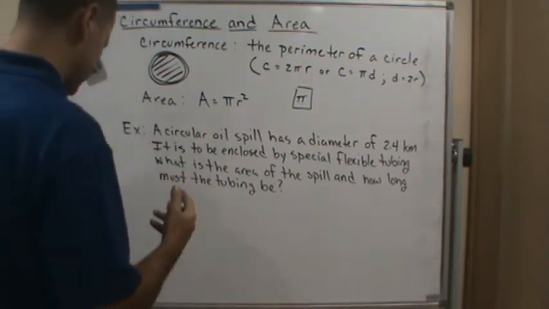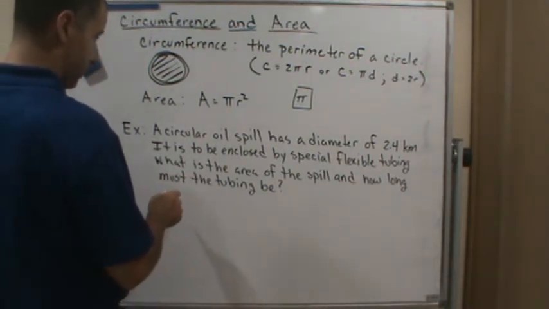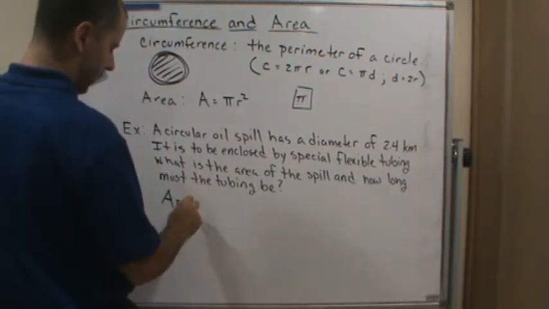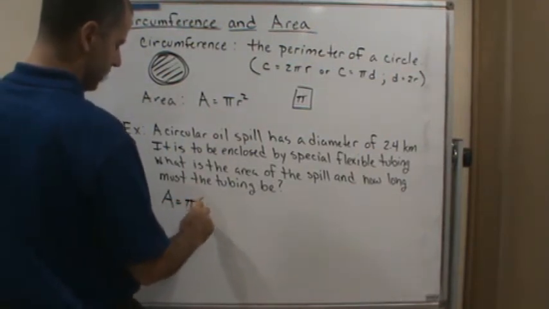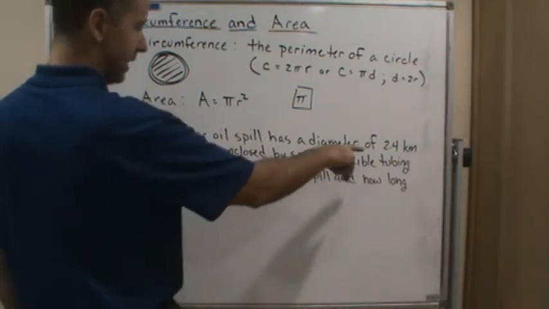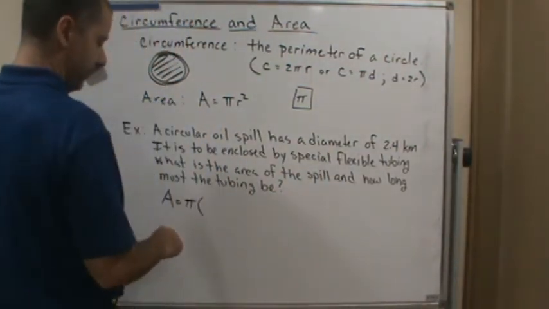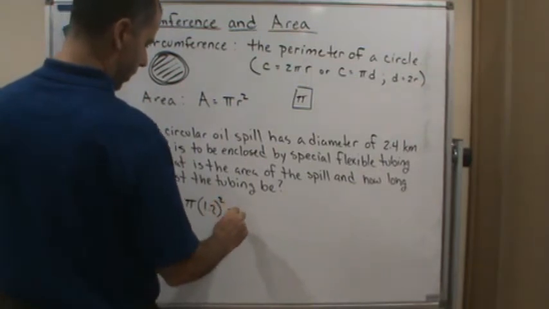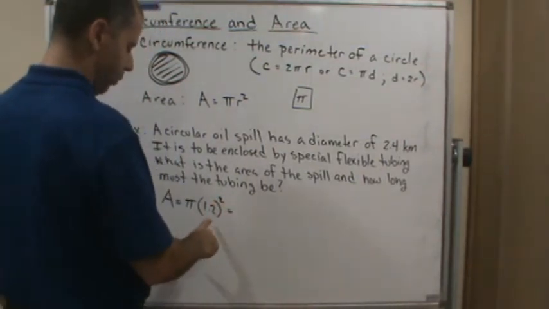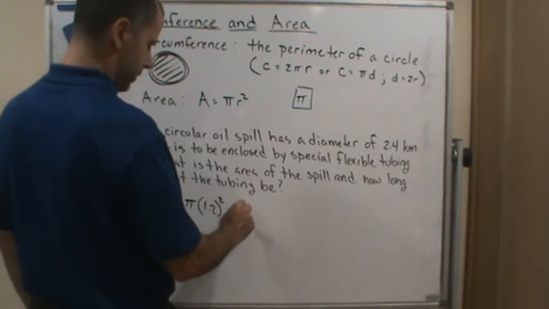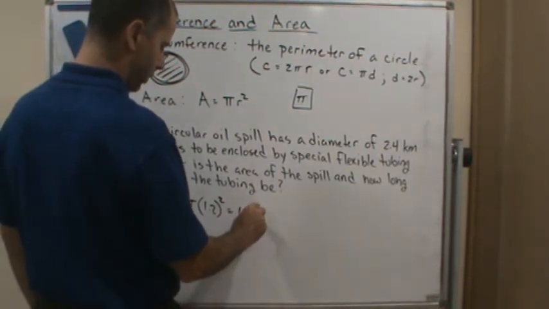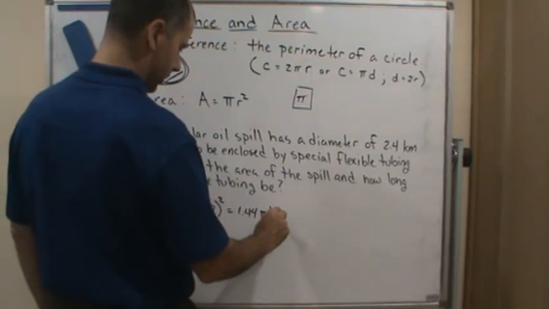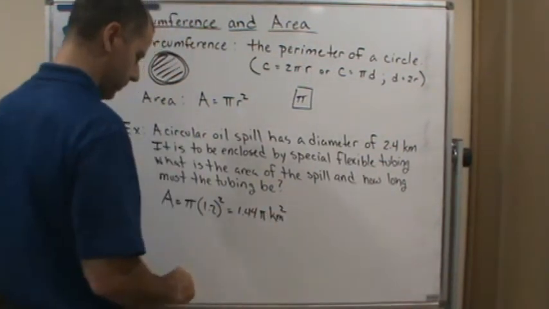So let's calculate the area of the spill first. The area, which is pi r squared, is going to be pi times the radius, which in this case is half of that. So it's going to be 1.2 squared. Which in this case is going to be what? 1.2 squared is going to be 1.44 pi kilometers squared.